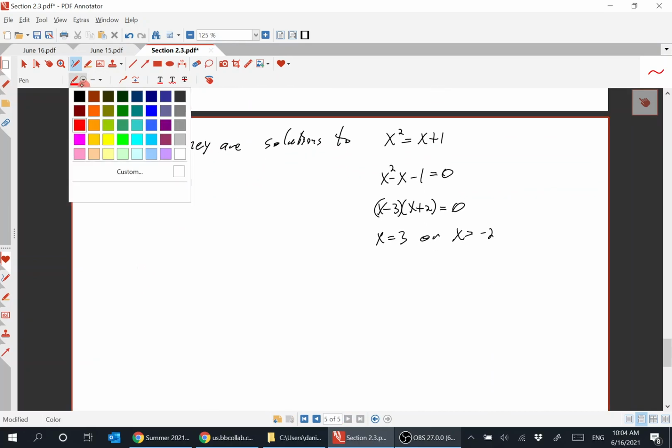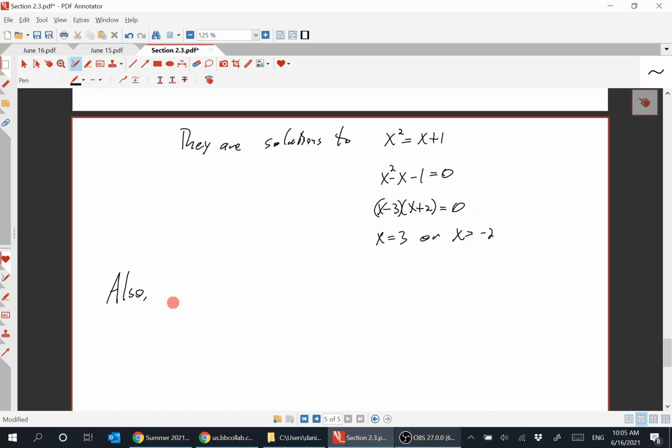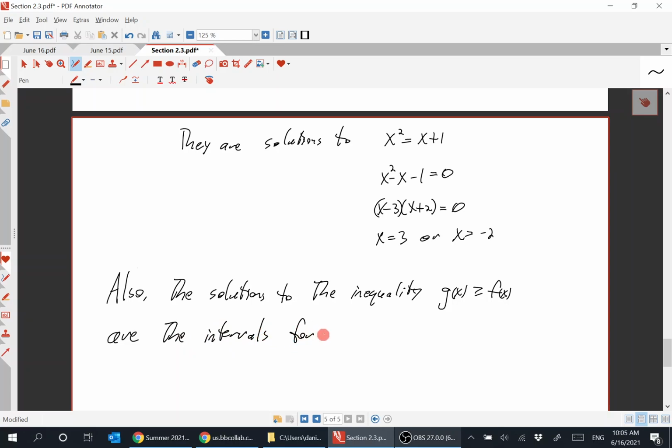So also, the solutions to the inequality g of x, not where it's equal to f of x, but where it's bigger than or equal to f of x, are the intervals for which the graph of g of x is above the graph of f of x.